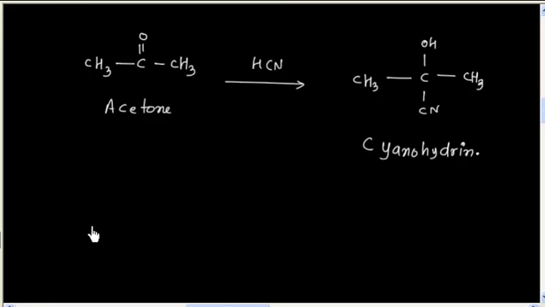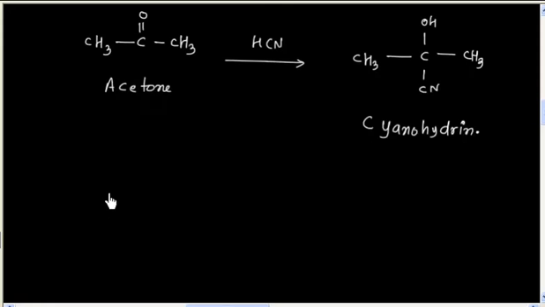Now a question is generally asked: for cyanohydrine formation, a mixture of HCN and base is used. This base can be NaOH, Ba(OH)2, or any strong base.